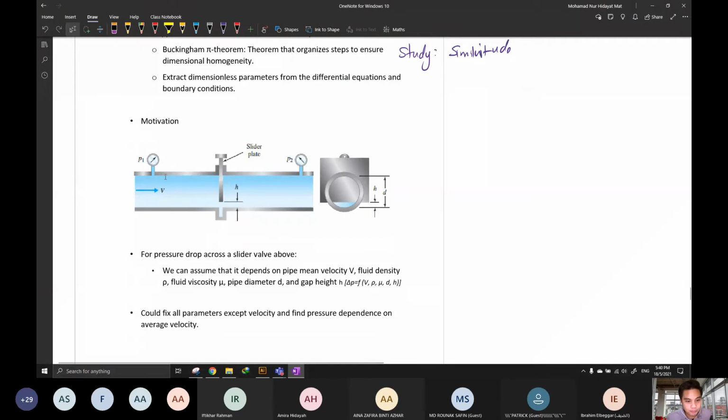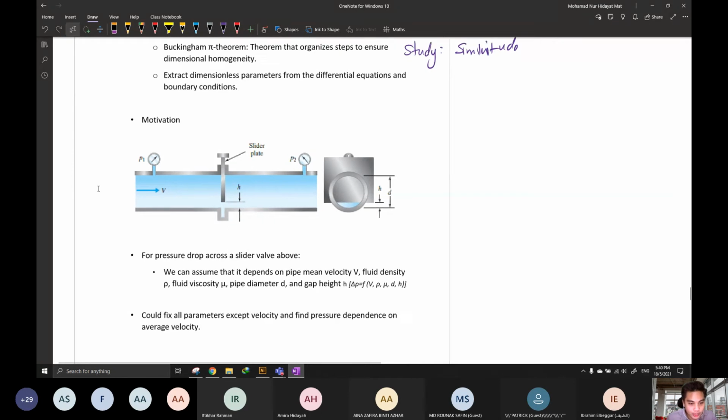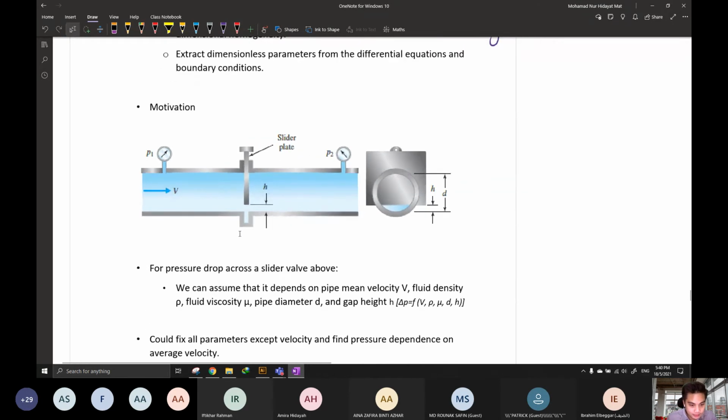For example, this is the pipe, the cross section of the pipe, and then we have the slider plate. The function of this slider plate is to reduce the velocity of the flow from the inlet to the outlet.